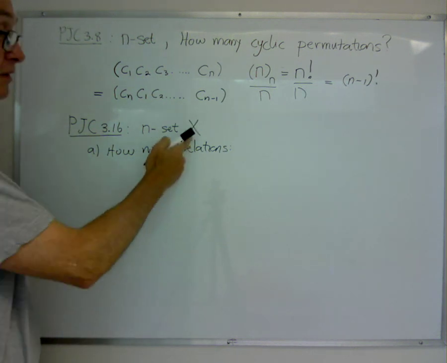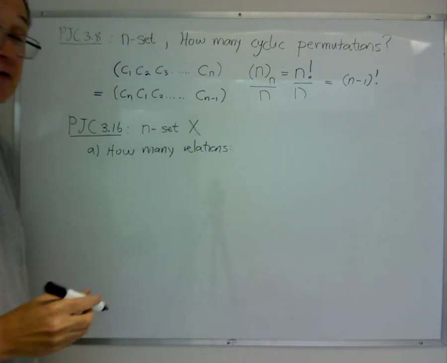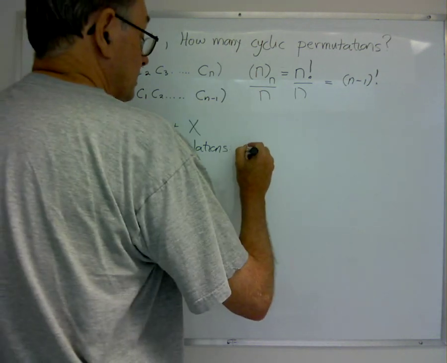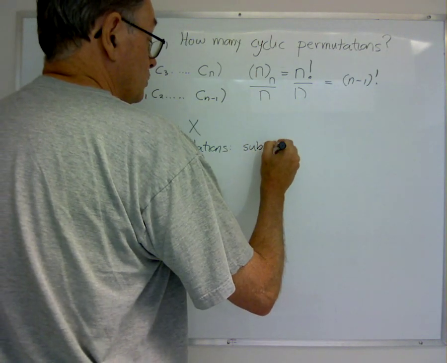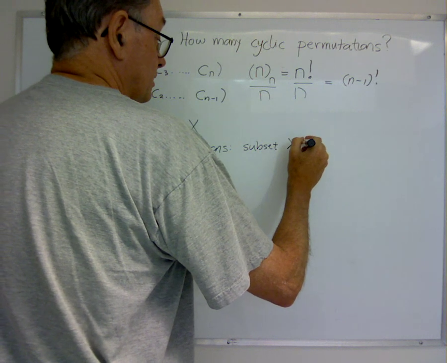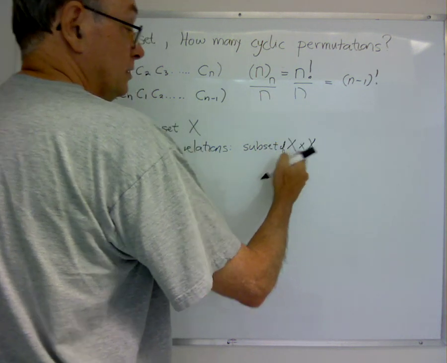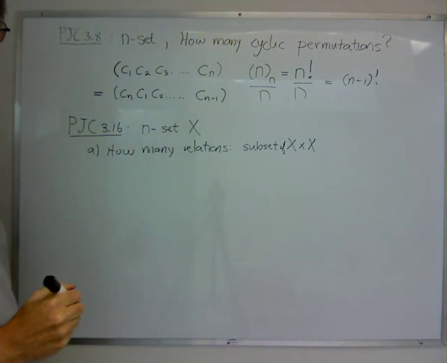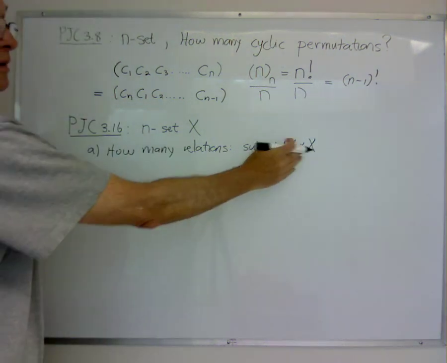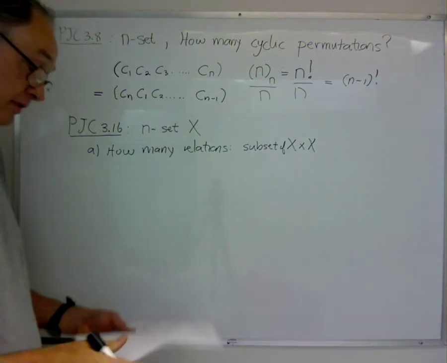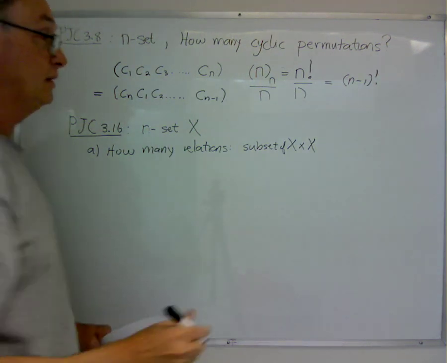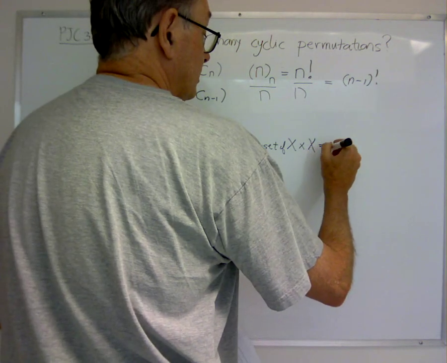It is a subset of the Cartesian product of x with itself. So it's a subset of all the pairs that you can make of the Cartesian product of x with itself. So let us call this x squared.